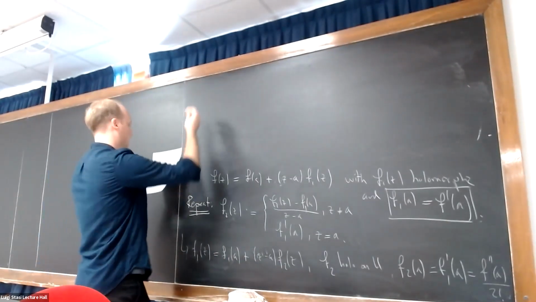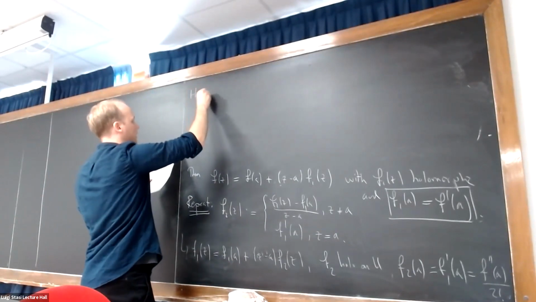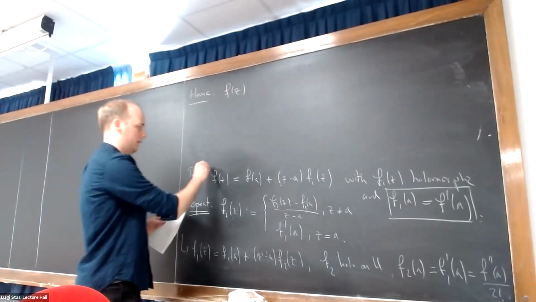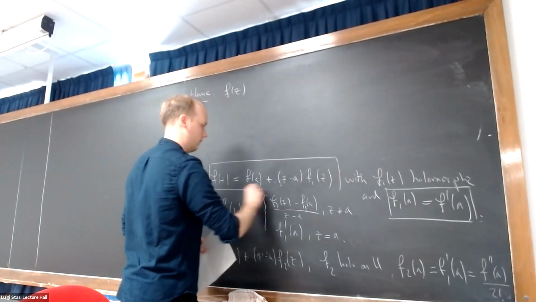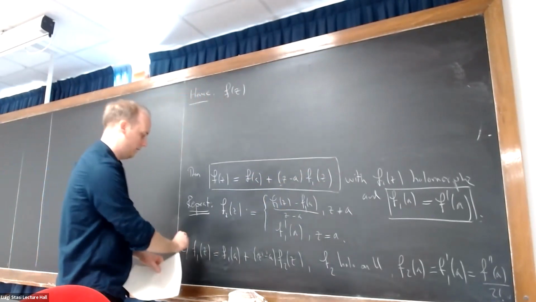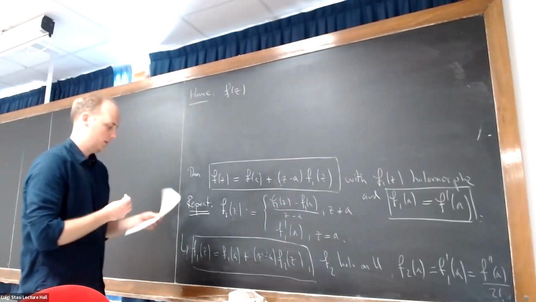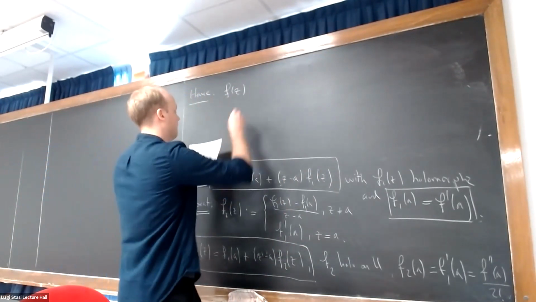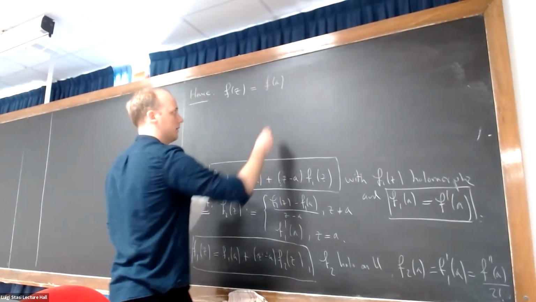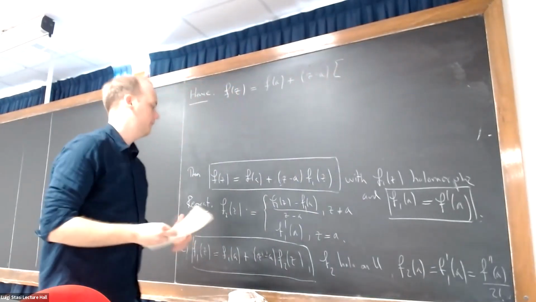Okay, so we had f of z equal to f of a plus z minus a times f1 of z. And then we plug in that f1 of z is equal to this business. So f of a stays, plus z minus a times all of this.